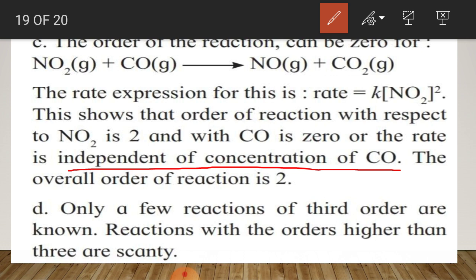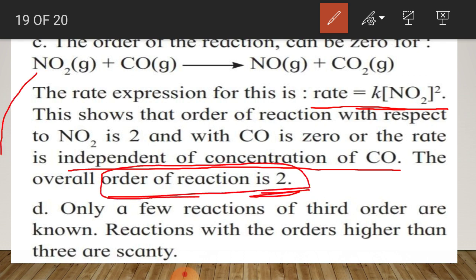Here also similarly, for carbon monoxide the value is 0, so the rate is independent of the concentration of CO. So the rate of the reaction for this reaction is rate equals K[NO2] raised to 2. So your x is 2, y is 0. So 2 plus 0 will be 2. So the order of the reaction is 2. For this reaction, the rate of reaction is this and the order of reaction is 2.